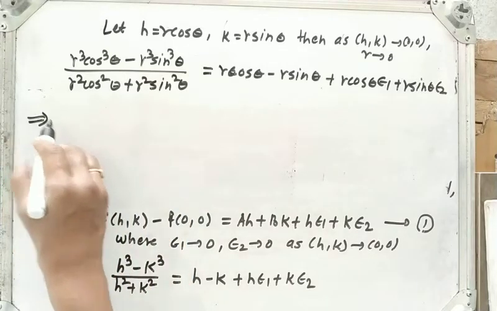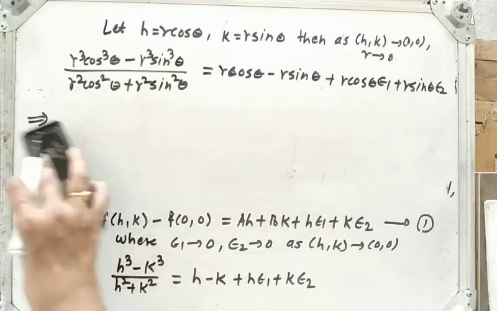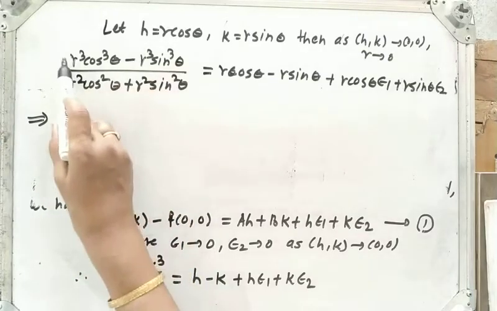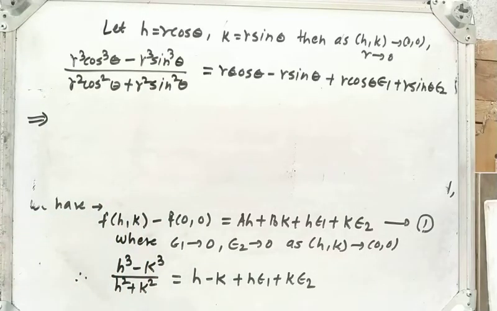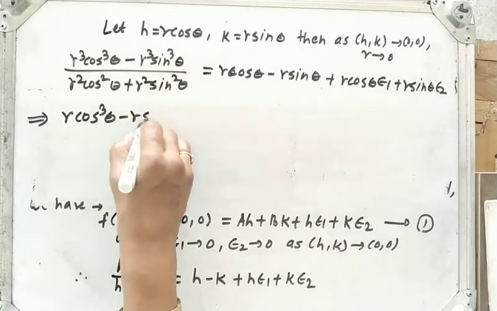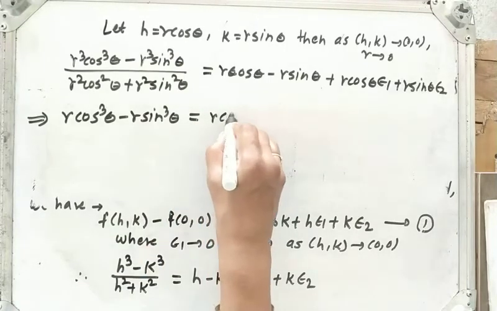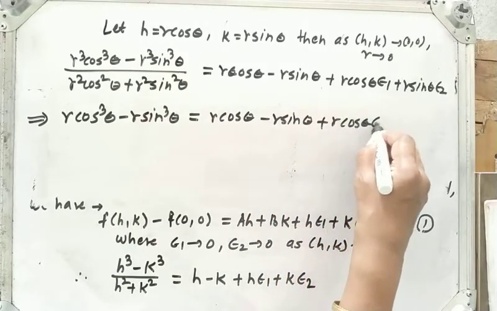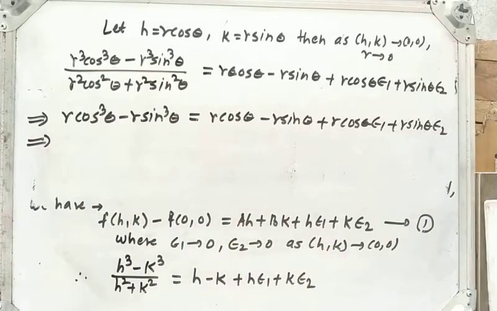So this implies r cube, and next what happened? In the denominator there will be only r square. Here in the numerator we can take r cube common, so r square will get cancelled. What remains? There will be only r cos cube theta minus r sin cube theta is equal to r cos theta minus r sin theta plus r cos theta epsilon 1 plus r sin theta epsilon 2, all over r, which will get cancelled.